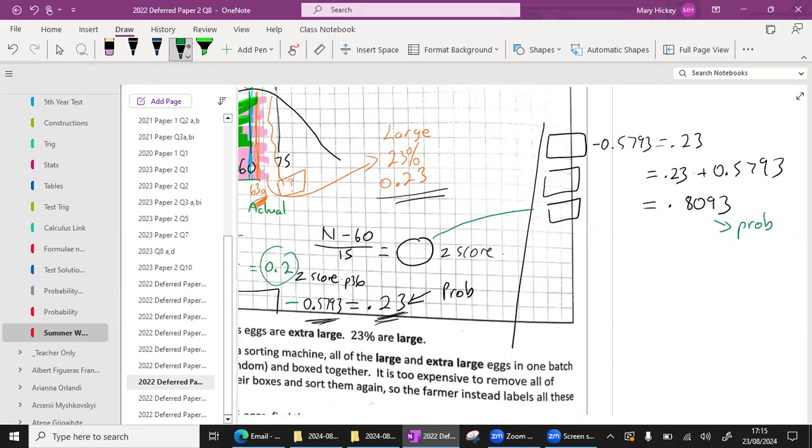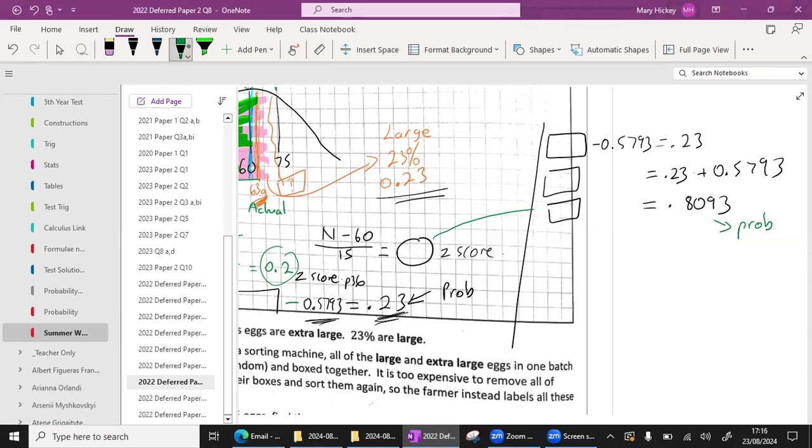Now, because this is a probability, so let's just label that in case we get confused. Because this is a probability, when I look at my log table on page 36, I should be looking at the 4-digit numbers, as in the ones with 4 decimal places. I'm not looking at the bold print. So it's not a Z-score, it's a probability. So I need to look within the table at the 4 decimal place numbers to figure out, is there a 0.8093 in there?